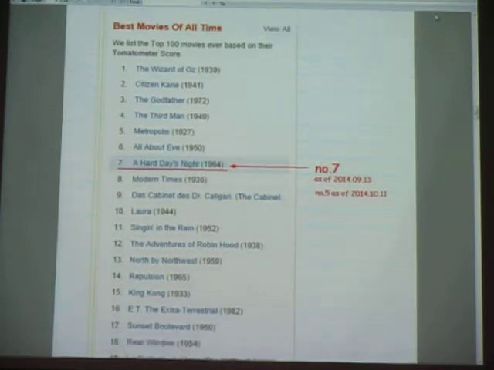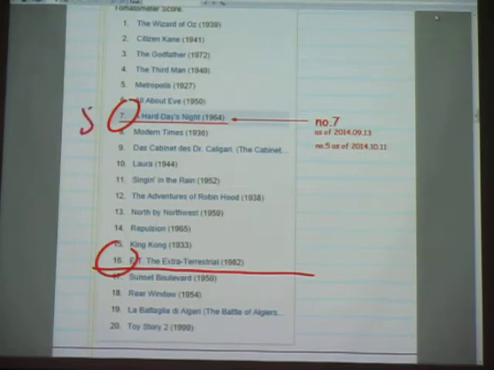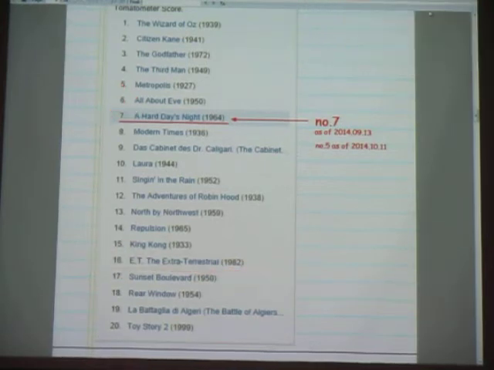What I wanted to point out is you can see, for example, E.T. the Extraterrestrial, number 16, and A Hard Day's Night is number 5. Okay, now, Toy Story, so all of these are probably popular and well known.